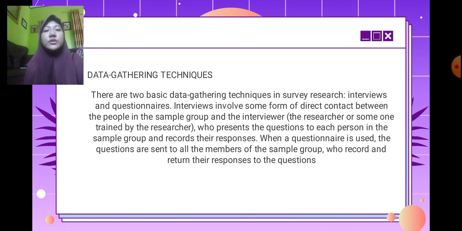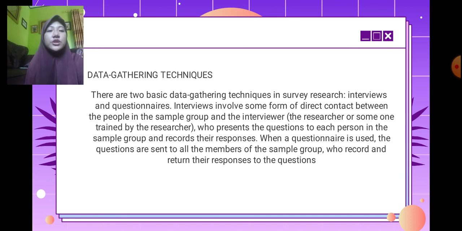Next, data gathering technique. There are two basic data gathering techniques in survey research: interviews and questionnaires. Interviews involve some form of direct contact between the people in the sample group and the interviewer.